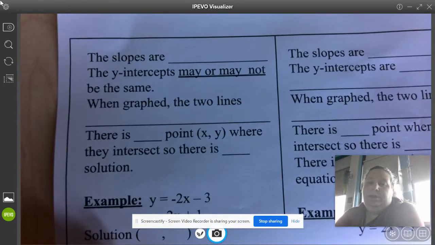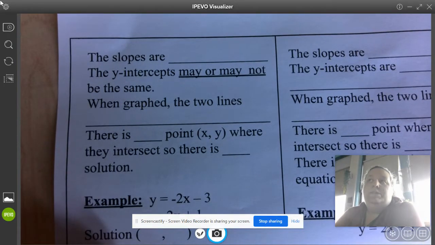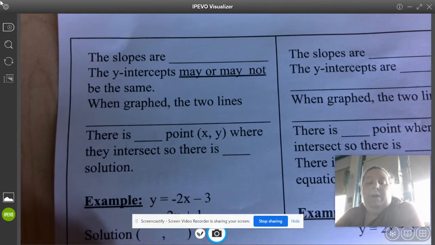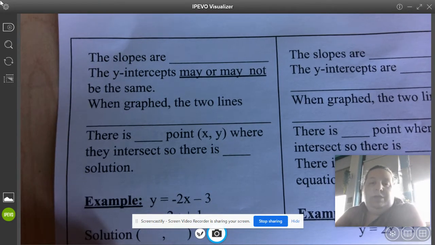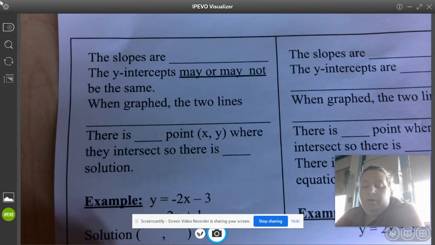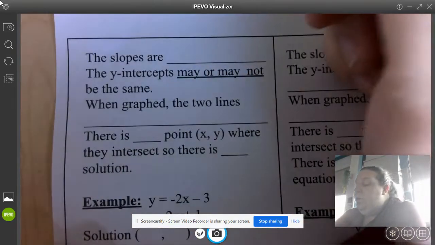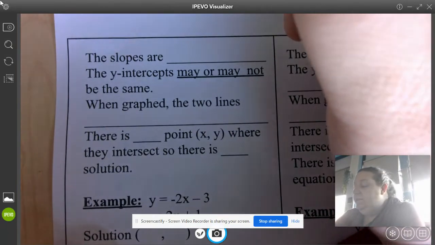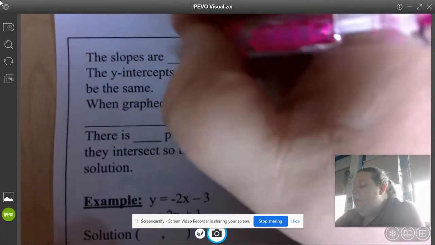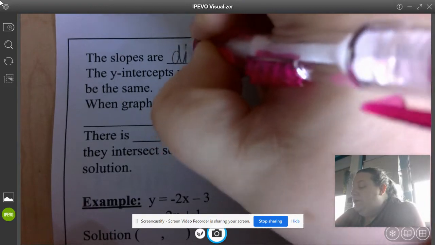There are multiple ways you can tell how many solutions a system has just by looking at either their equations or their graph. I like to always start with the equations to get an idea of what my graph should look like, or to check my work. When a system has one solution, the slopes are different.